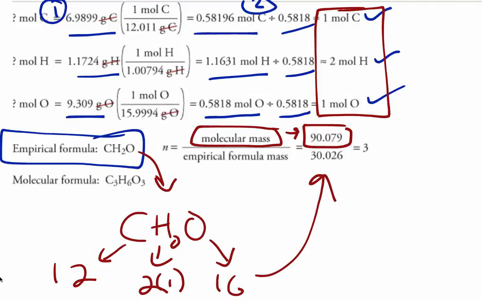That's where they get this 30 number on the problem. That's the mass of the empirical formula. Divide that into the molecular mass that they would have to give you in the problem, and it tells you what ratio of that compound is its molecular formula. So notice then they take that 3, they multiply it through the empirical formula. We get 3 carbons, 6 hydrogens, and 3 oxygens.